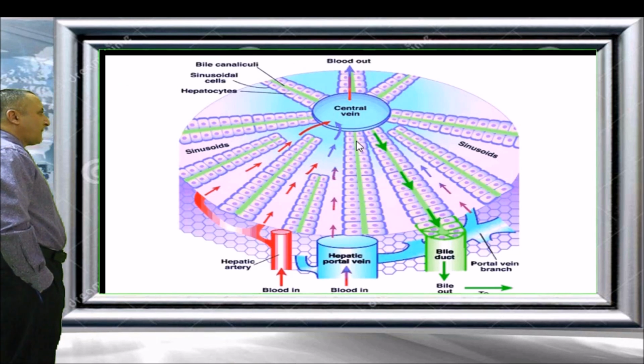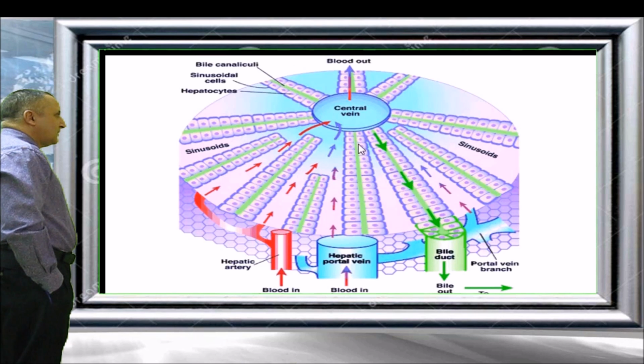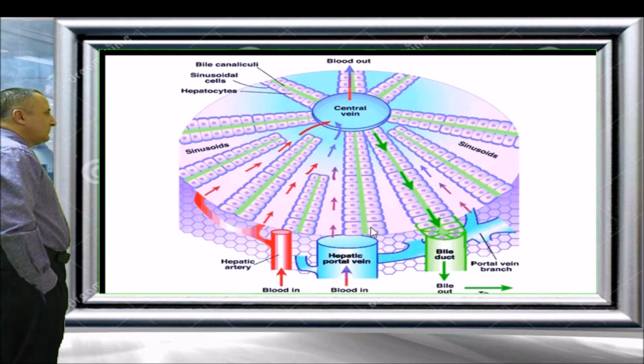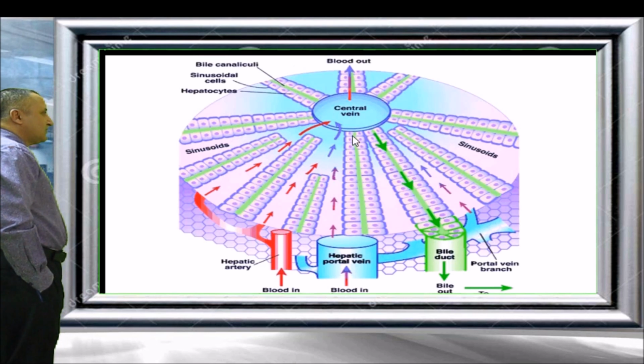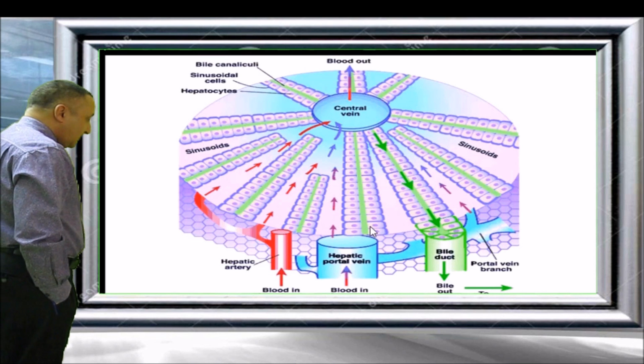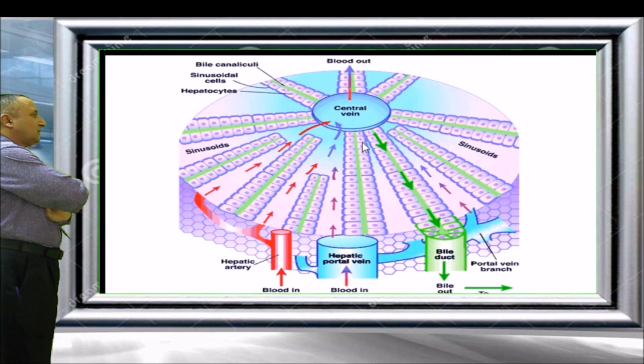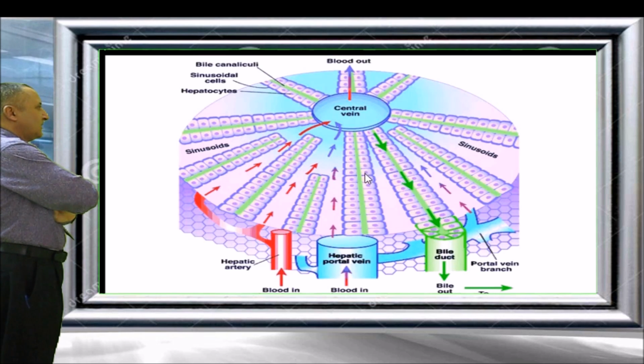The hepatocytes are in the form of strips or plates, and these hepatocytes are in double rows.